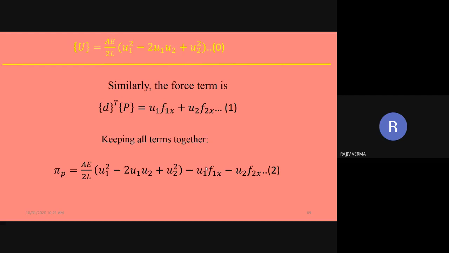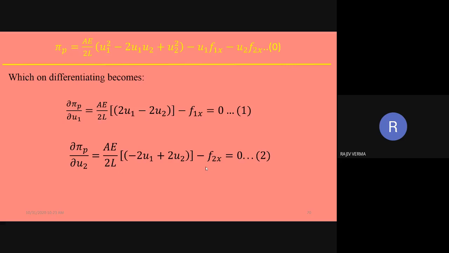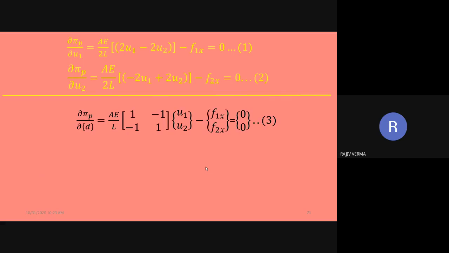So when you differentiate with respect to the first unknown, that is U1, you get equation number 1, and when you differentiate it with respect to U2, you get equation number 2, and obviously these two equations can be clubbed together in a matrix form. This is going to give you equation number 3.